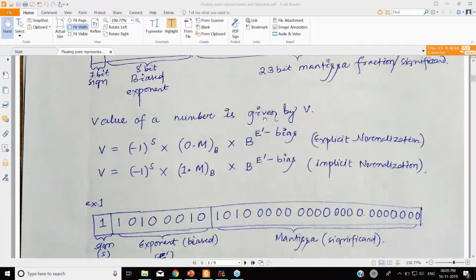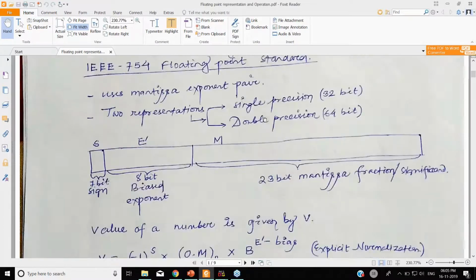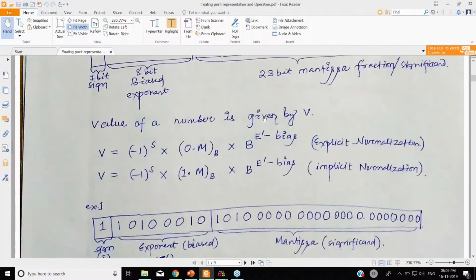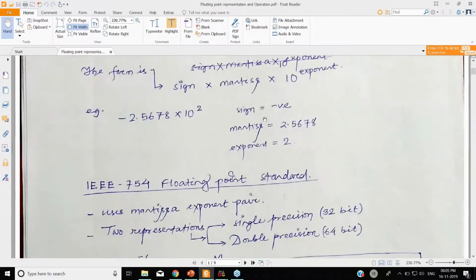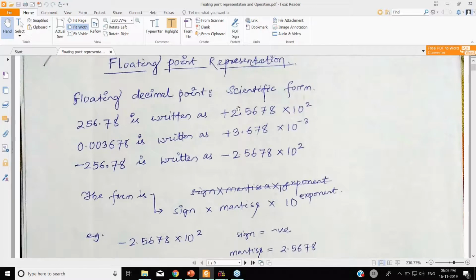The value we had here, we'll look at this example and understand. Look at the decimal number. 256.78 can be written as 2.5678 into 10 to the power 2. This is an implicit format. We are not storing 2 in the case of decimal, but it would be a difficulty if we don't store it in decimal representation because we don't know what the value is here.